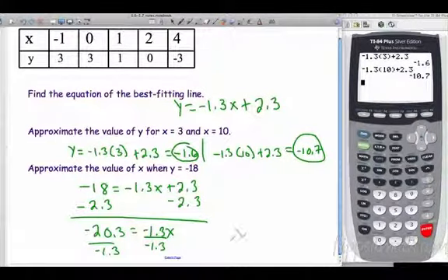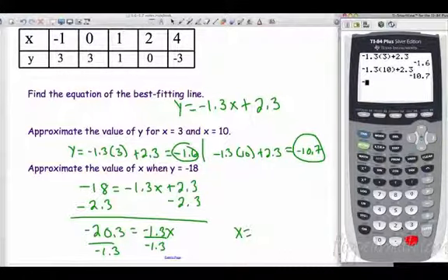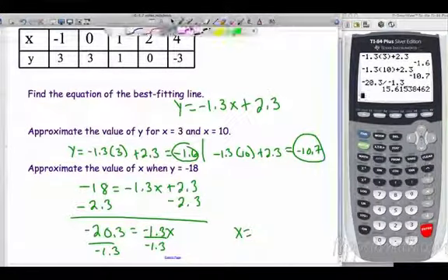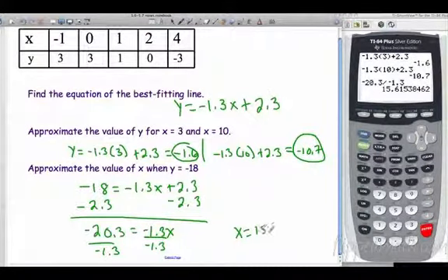That one I don't know off the top of my head, so let's see. Negative 20.3 divided by negative 1.3, and that's about 15.6. There you go.